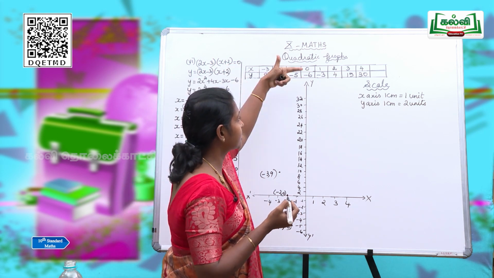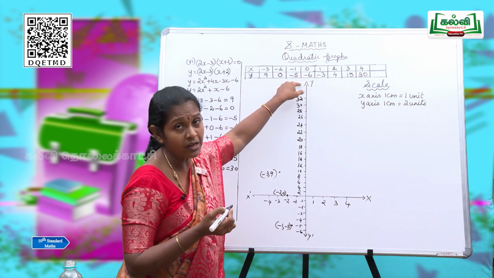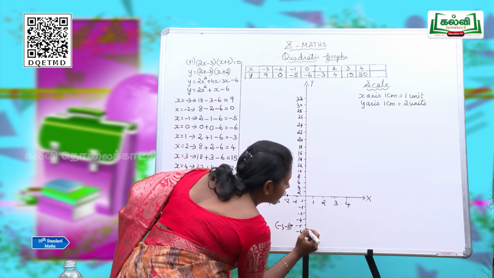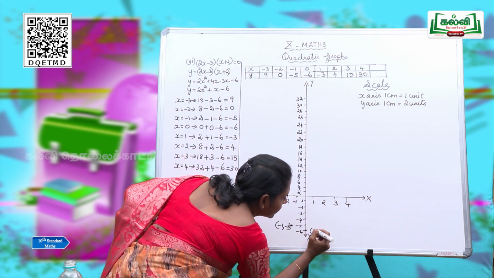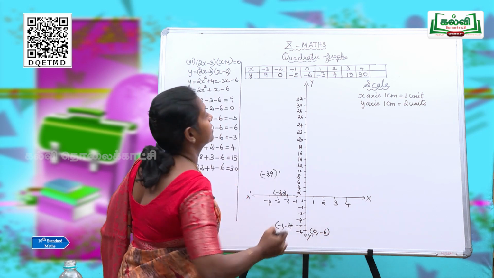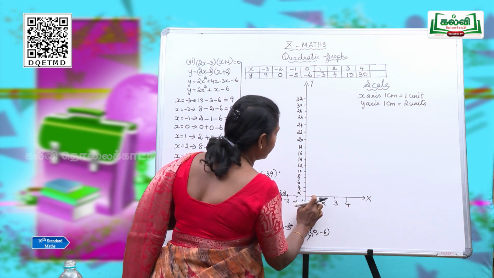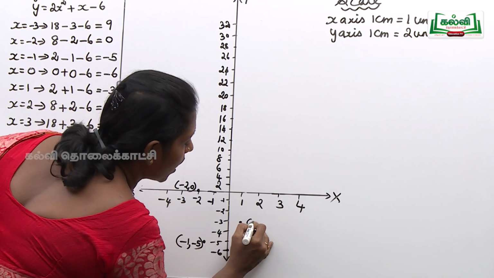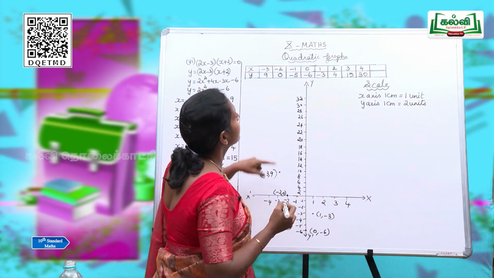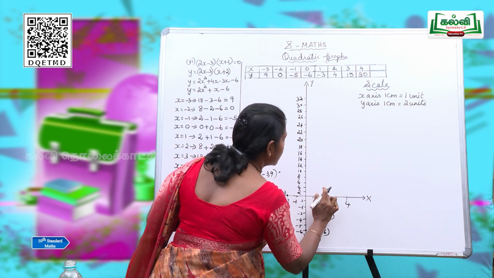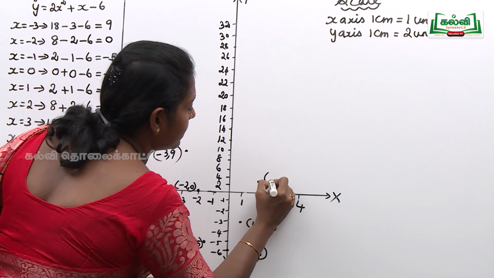0, minus 6. Naturally, definitely it will be on the y-axis. So on the y-axis, where is minus 6? Downwards. So this is 0, minus 6. Next, 1, minus 3, is here. Next, 2, 4. Both are positive, so 2, 4 will be here.